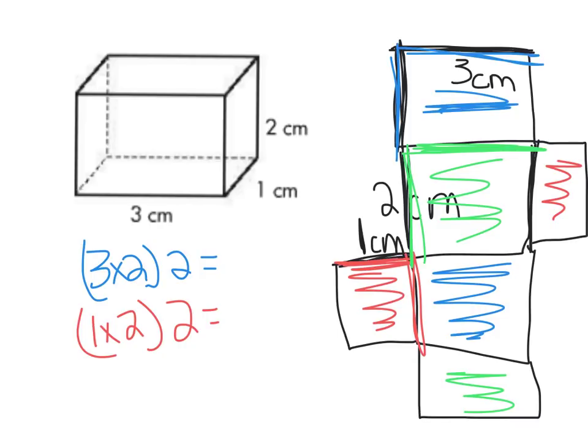I bet I'm supposed to have a 1 there. Yep, I am. 3 times 1. See, I know this because I have to use each one of the numbers 2 times. So here's a 3, here's a 3, here's a 2, here's a 2, here's a 1, here's a 1.